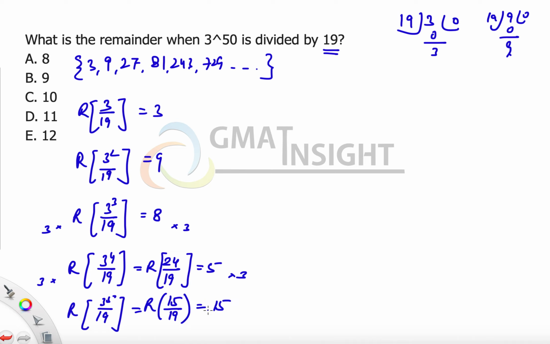Now here there is another learning for you. This remainder basically tells us how much we have in excess for the number to be divisible by the divisor. For example, when we say that 7 when divided by 5, the remainder is 2, that means 7 is 2 more than a multiple of 5. Similarly, we could also say that 7 is 3 short of a multiple of 5.